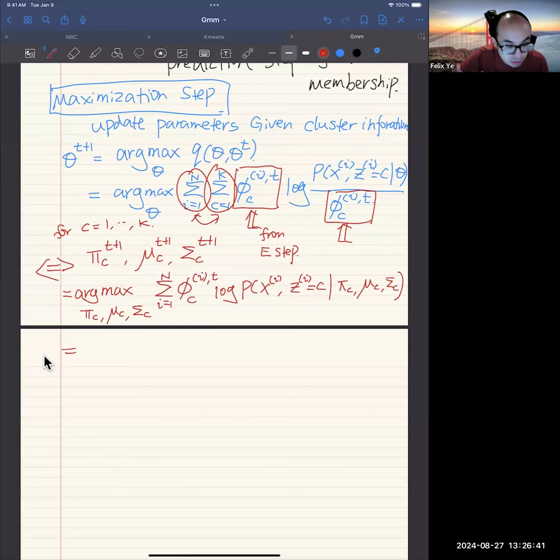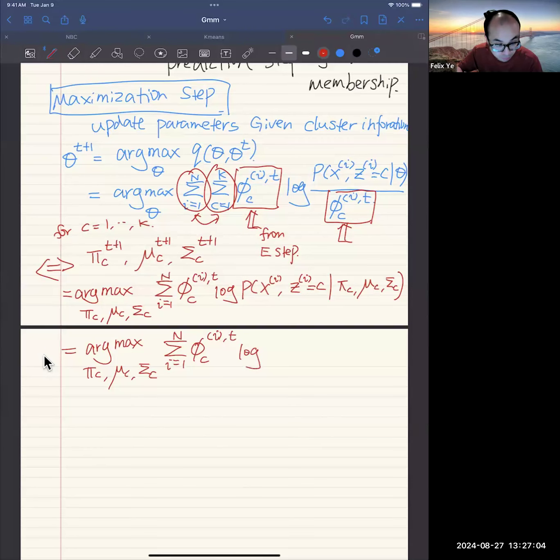So right here, this becomes argmax over pi c, mu c, sigma c of the summation, and we already have these posterior distributions. This posterior distribution is coming from the E step.